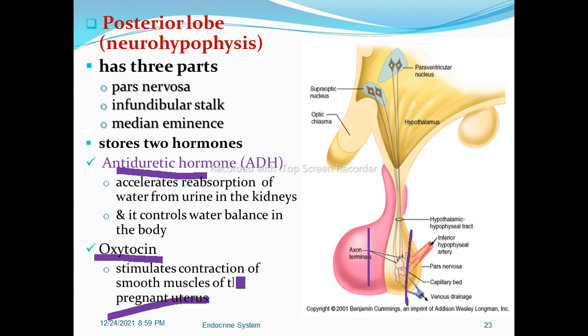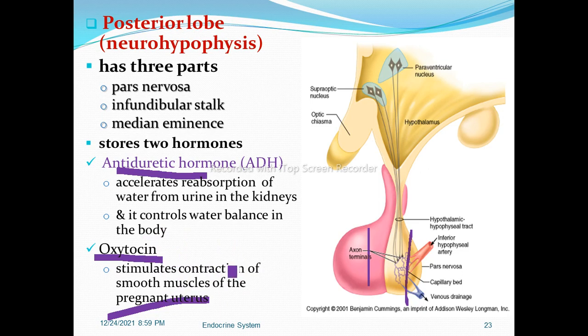Myometrium is smooth muscle, and its contraction is controlled by oxytocin, which helps to deliver the baby.